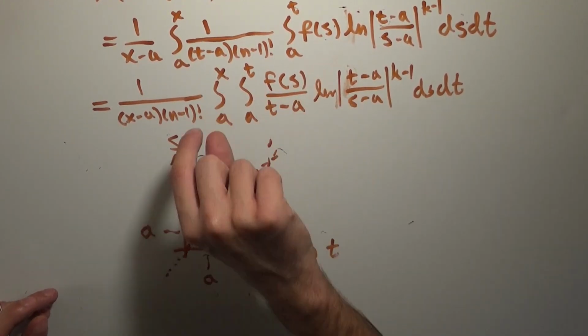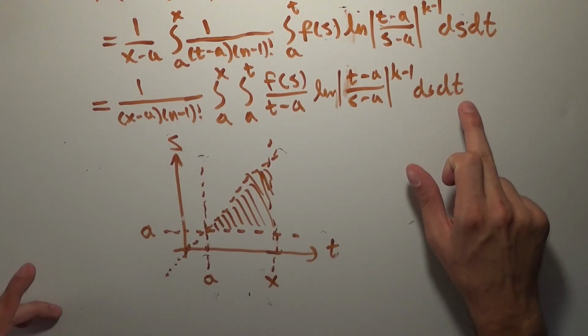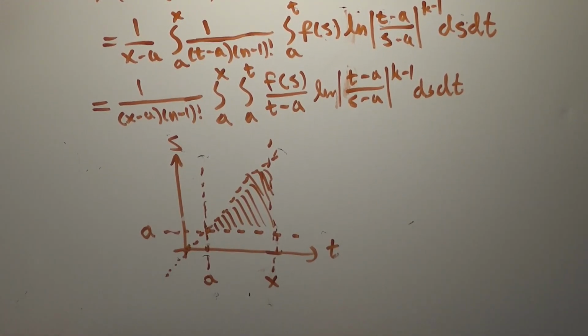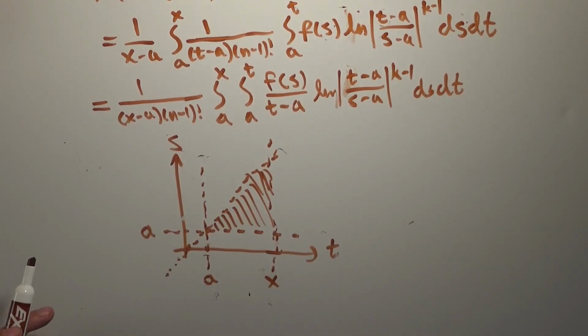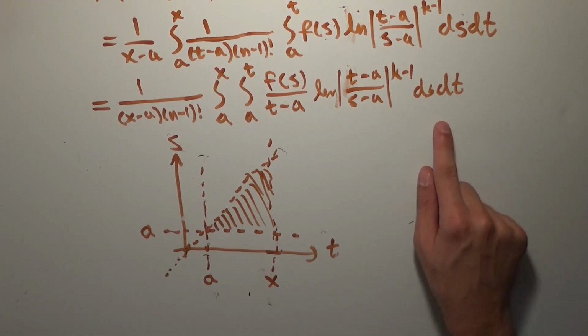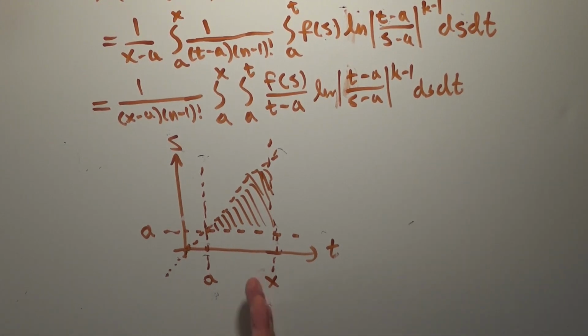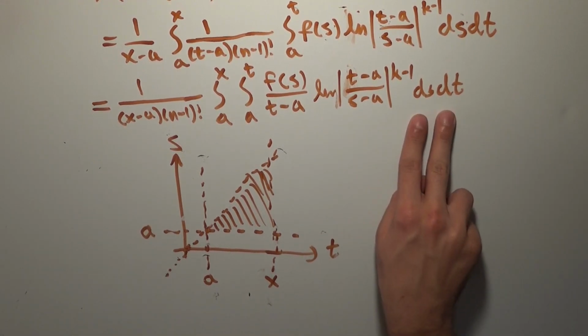And so we want to exchange the bounds of integration so that we integrate with respect to t first, and then with respect to s, so that I can factor out the f of s, as it will be a constant with respect to t. And so here's how we're going to do that. We first need to see what we would need to call it if we were going to go over t first before we did s, as opposed to doing s first like we're doing now.